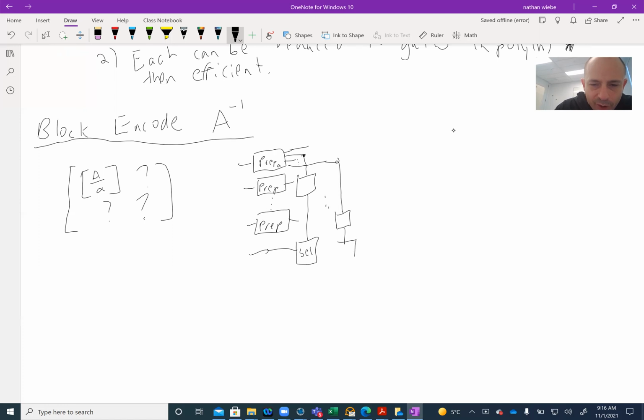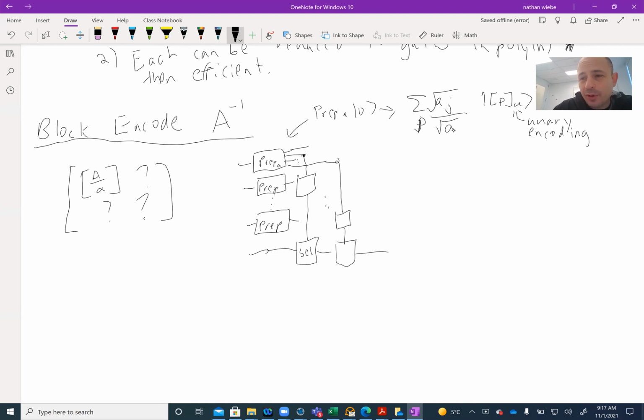So we triggered off of every single one of these prepare registers with a coefficient coming in from the top. And here we've defined prep A acting on 0 goes to the sum over j, A sub j square root divided by normalization constant, square root A. And then let's call this P. And then P sub U over here, where this is a unary encoding.